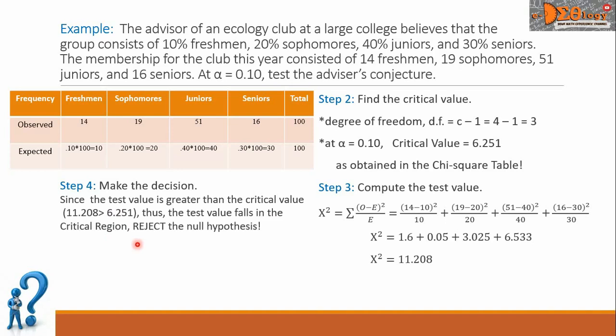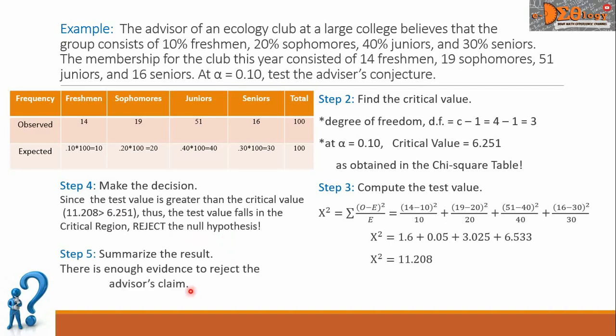So we reject the null hypothesis. For step 5, summarize the result. We say there is enough evidence to reject the advisor's claim. This is our final answer.